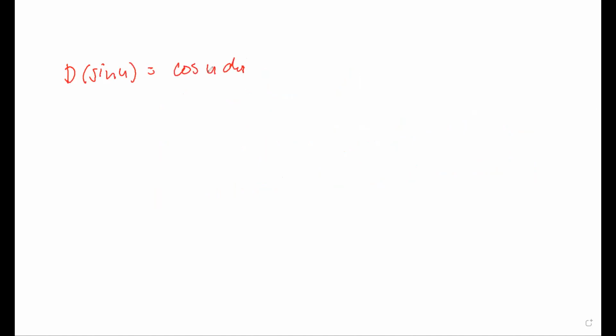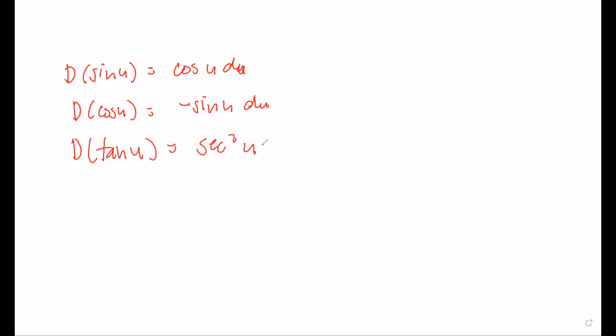After you get the derivative of the sine function, you have to get the derivative of what is inside the sine function, hence du. The derivative of cosine u is negative sine u times the derivative of u, because of what is inside. The derivative of tangent u is equal to secant squared u times the derivative of u, and the derivative of cotangent u equals negative cosecant squared u du.